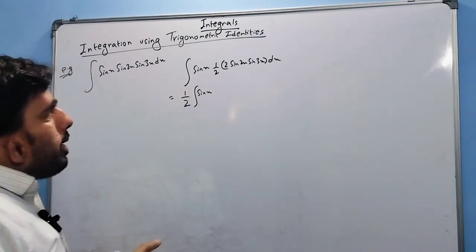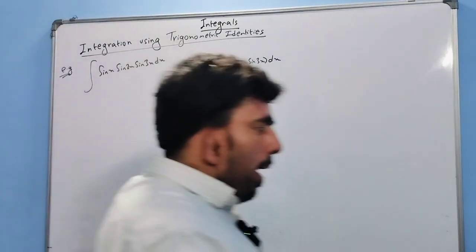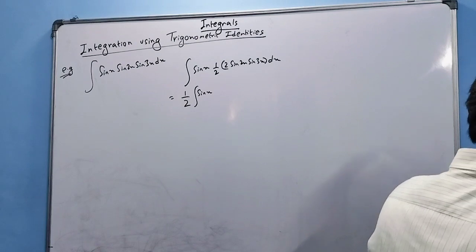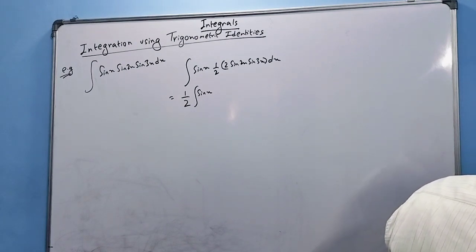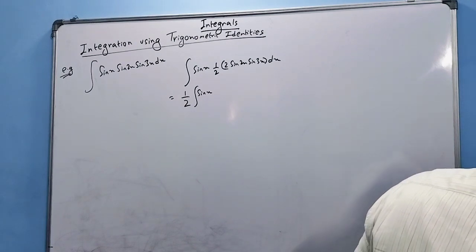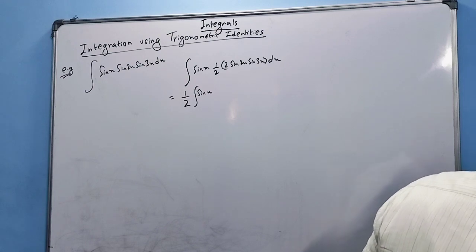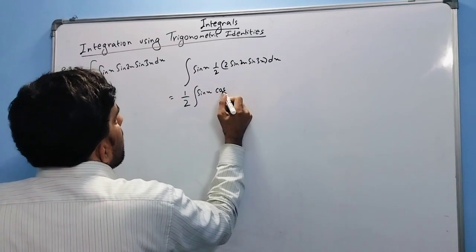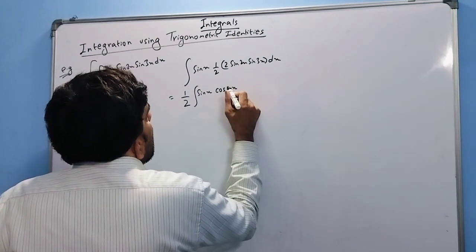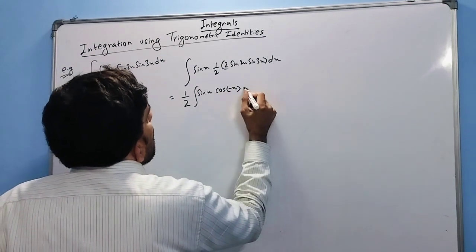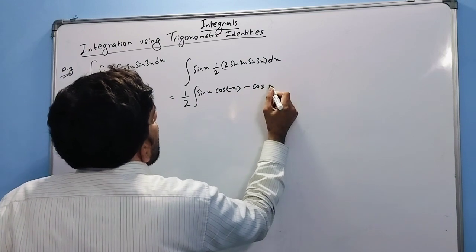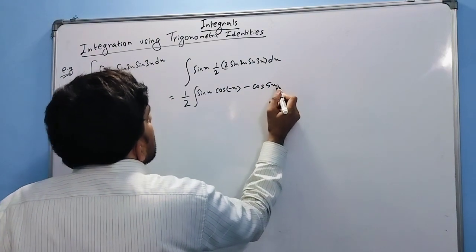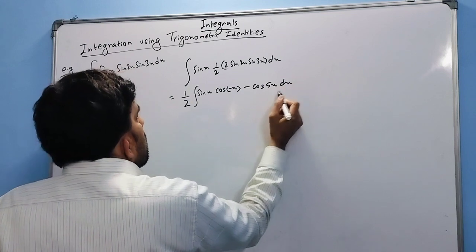Now 2 sin a sin b, what is the identity we have? 2 sin a sin b is cos a minus b minus cos a plus b. So here we put cos a minus b minus cos a plus b, so cos x minus cos 5x, dx.